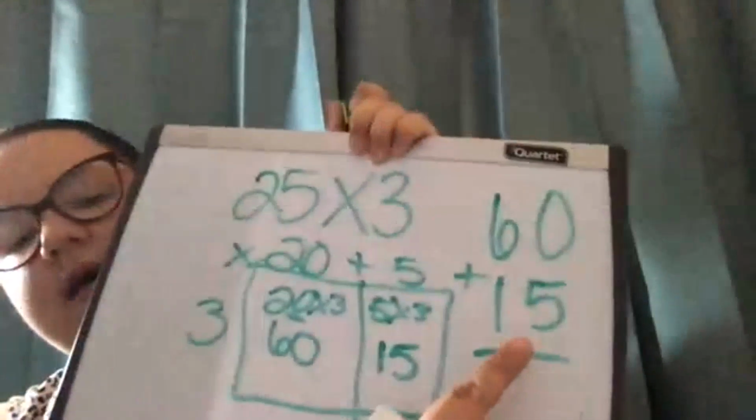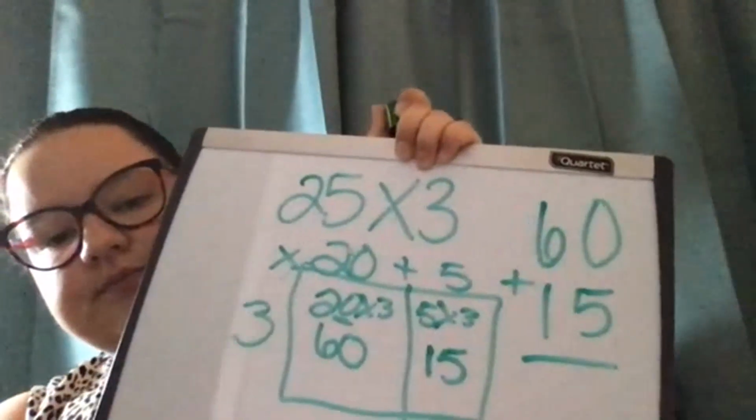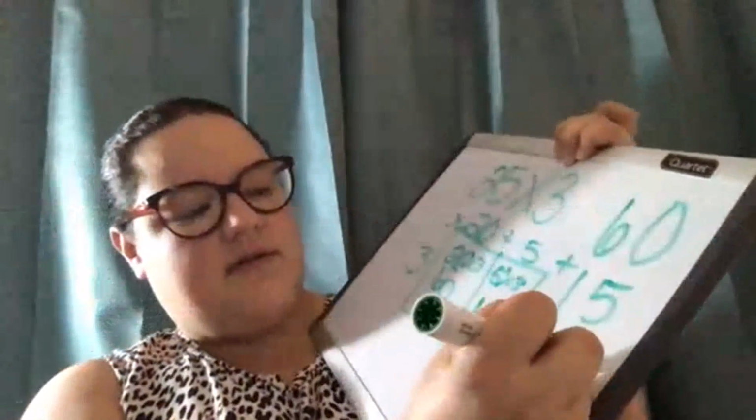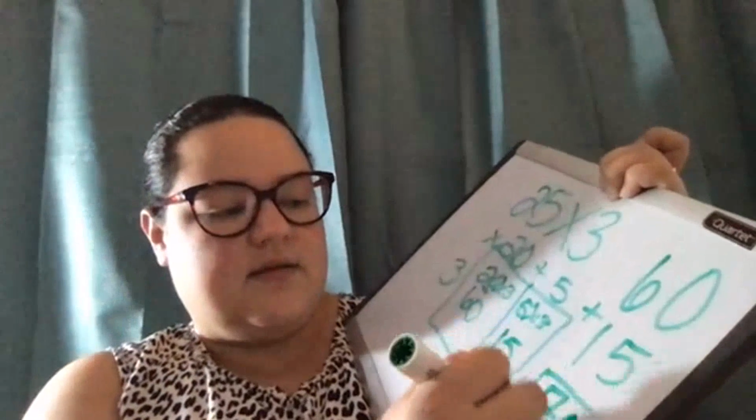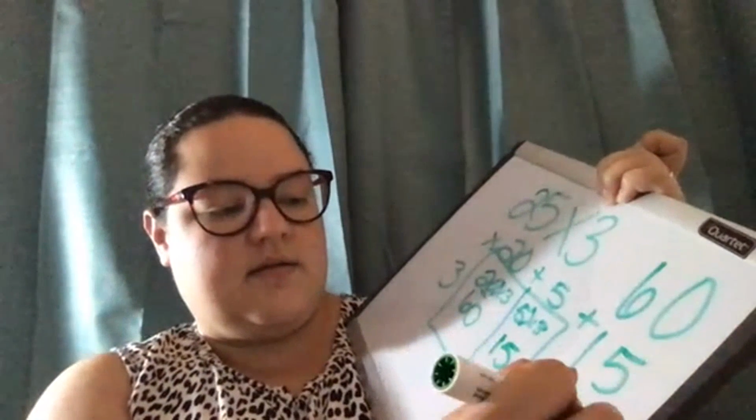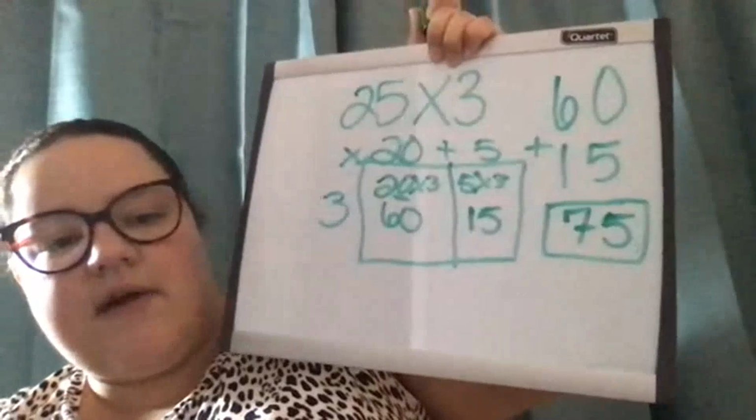Make sure you line those place values up. What is 5 plus 0? 5. Now 6 plus 1. 7. So our answer is 75.